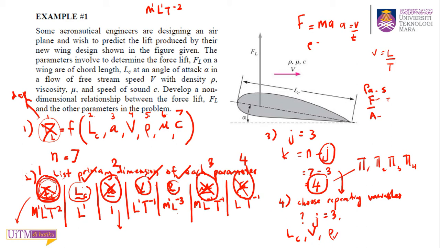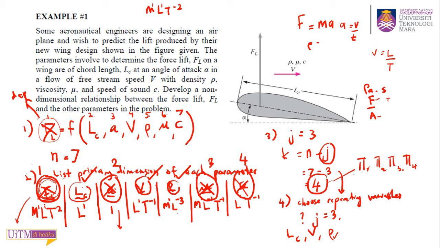So the other parameters that you have not used yet will be used in your pi equation, because you need to write 4 pi's: pi 1, pi 2, pi 3 and pi 4.